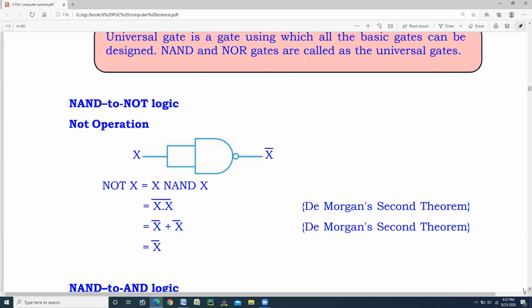Or else you may get one more question, that is realize NOR to AND, OR, NOT gates. It means by taking one universal gate you can design the 3 basic logic gates.